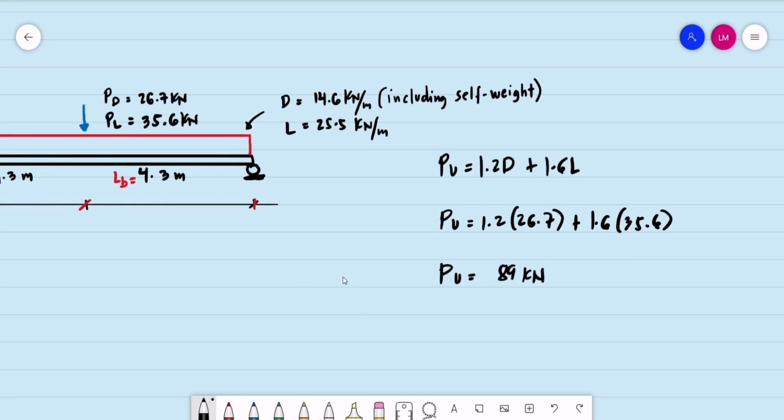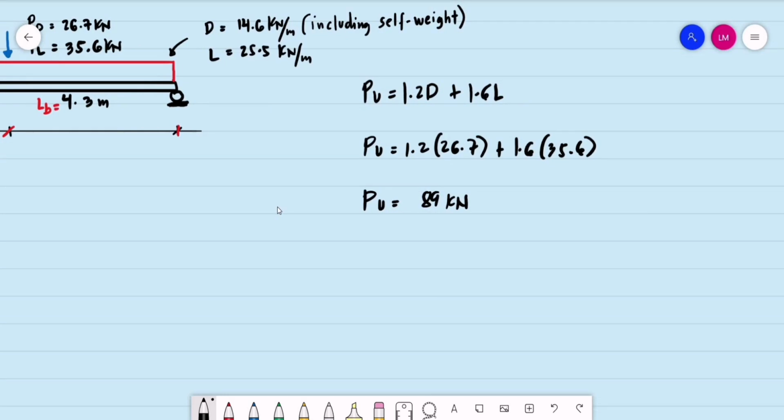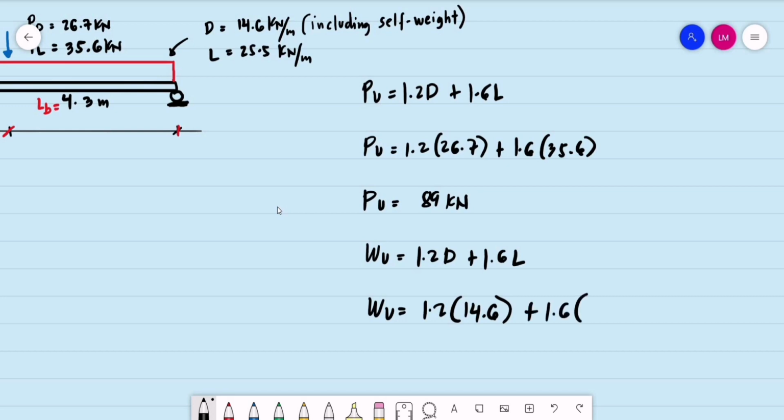Then next, we have the two uniform loads. For the ultimate uniform load, that is equal to 1.2 of the dead load plus 1.6 of the live load. According to this problem, including self-weight of the beam, the dead load is 14.6, and then plus 1.6 of the live load, which is 25.5.